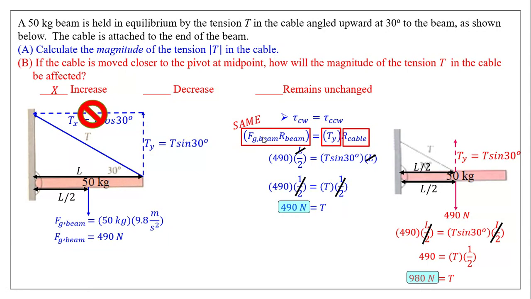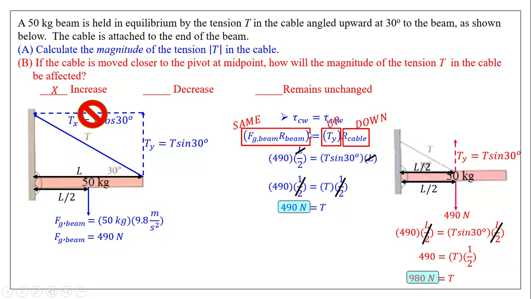The distance from F of G to pivot hasn't changed, so the whole entire left side stays the same. The cable has gone down, so instead of a length L, it got moved to a length of L over 2. In order for this left side to stay the same, if you reduce the moment arm, the point at which the force is being applied relative to the pivot, Ty has to go up.